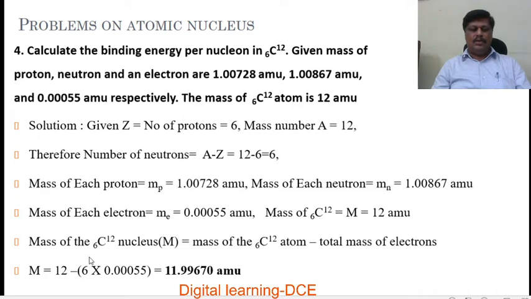So mass of the nucleus M is equal to mass of the 6-carbon-12 atom, 12, minus total mass of the electrons. There are 6 electrons in the carbon-12 atom, so 6 into mass of each electron gives the total mass of the electrons. So mass of the nucleus is equal to mass of the atom minus total mass of the electrons, which after simplification gives 11.99670 AMU.